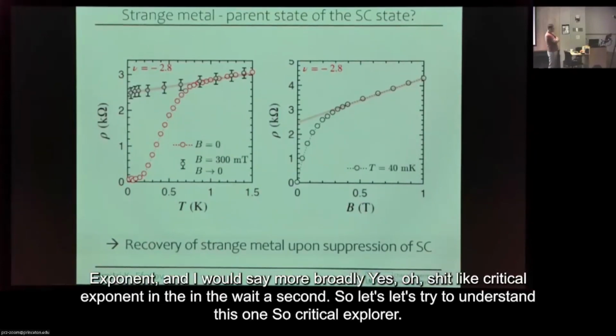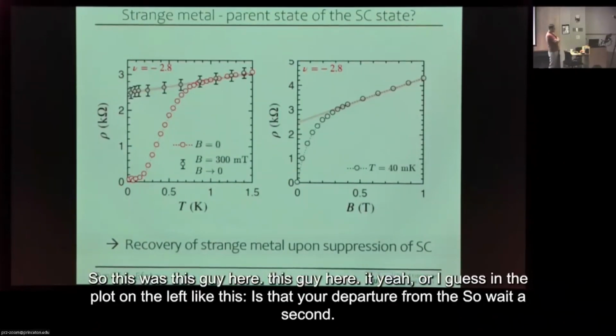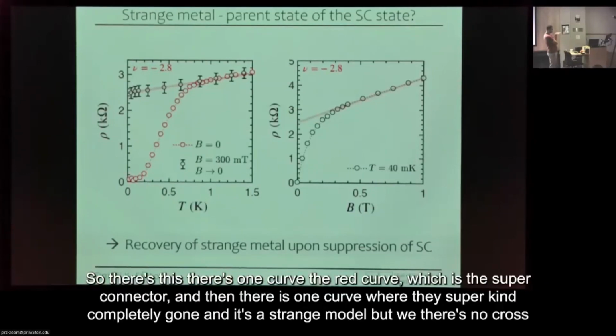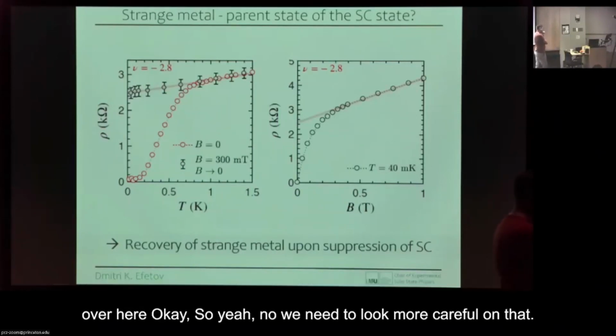I wonder if there's anything you can characterize there. There's one curve, the red curve, which is the superconductor. And then there is one curve where the superconductor is completely gone, and it's a strange metal. But there's no crossover here. But if you look right on the boundary, some critical field where these are competing, is there anything? We need to look more carefully at that. No, we haven't looked carefully at this transition.